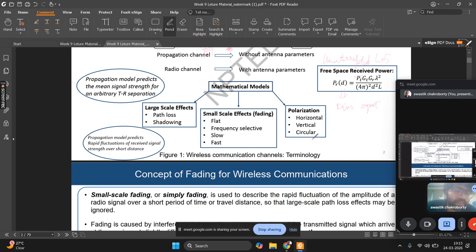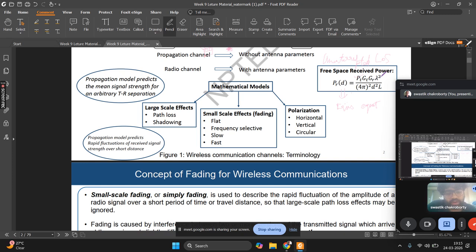And then there is lambda square. It depends on lambda square by d square. So it falls off inversely with distance, that is the attenuation, and it is also directly proportional to the square of the wavelength, that is, it is inversely proportional to frequency. So the higher the frequency you go, the more the attenuation is.